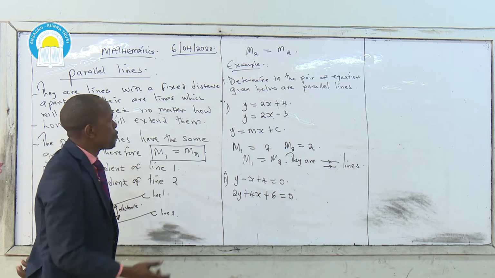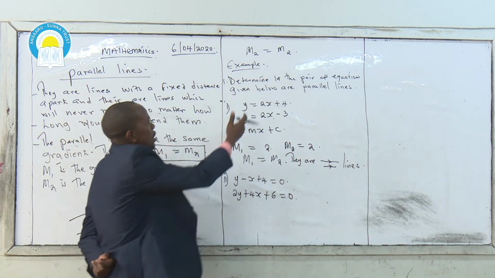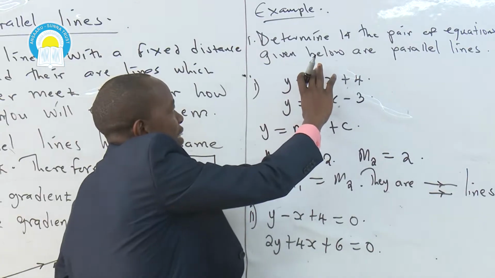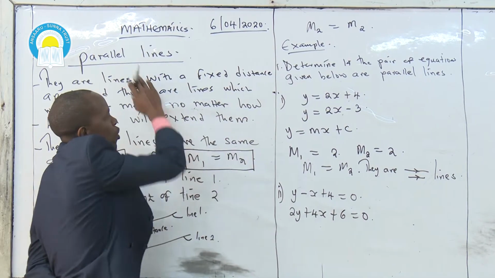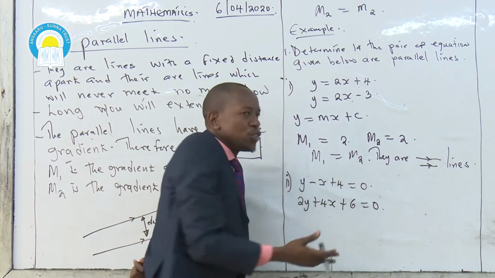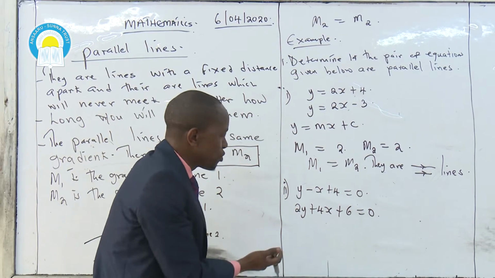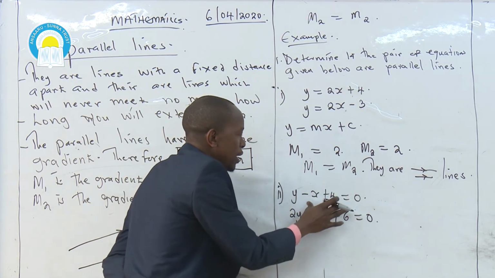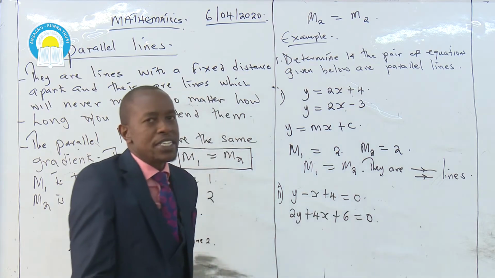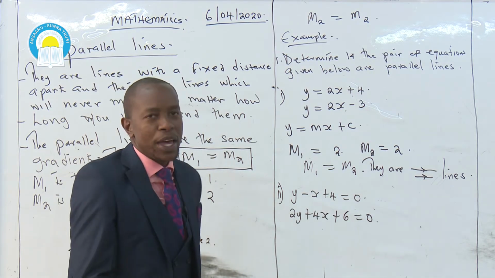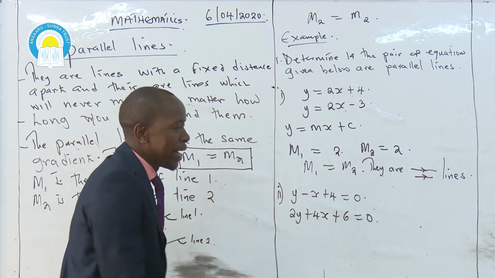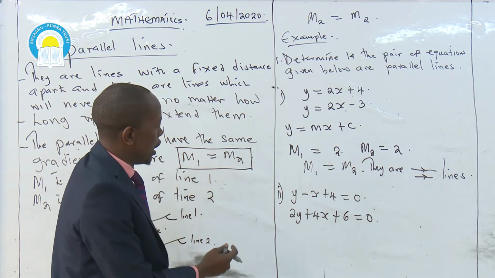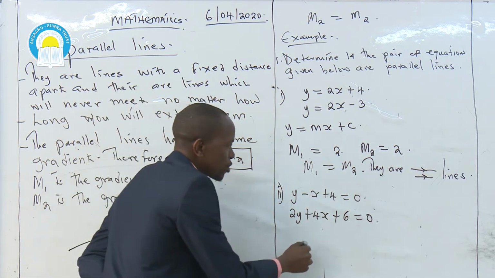To determine whether they are parallel lines, we should be in a position to state their gradients. But you cannot state the gradient while these equations are not written in the form y is equal to mx plus c. So we start by writing the equations in that form.